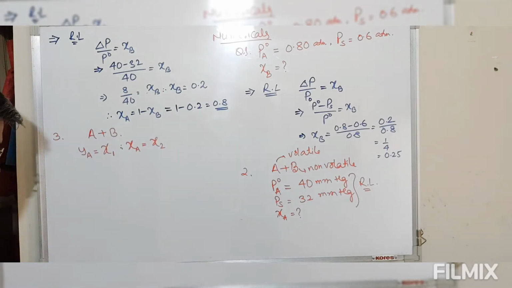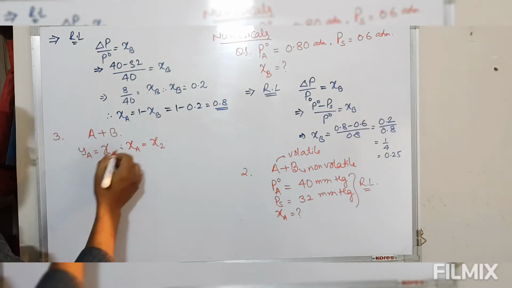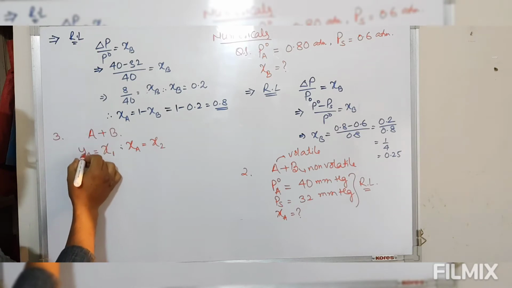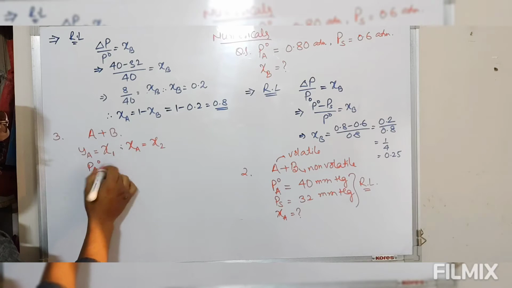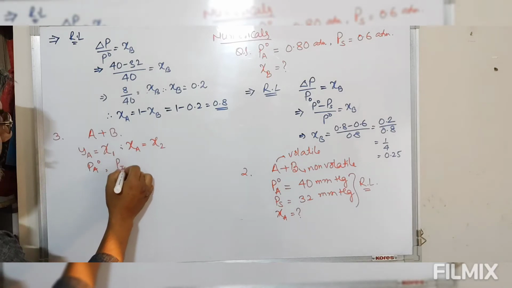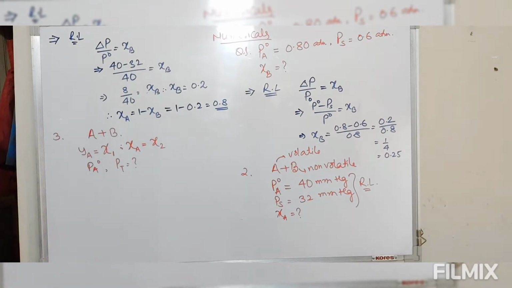Then the question says, what is the total vapor pressure if the vapor pressure of pure A is PA naught? What is the total pressure of this solution?